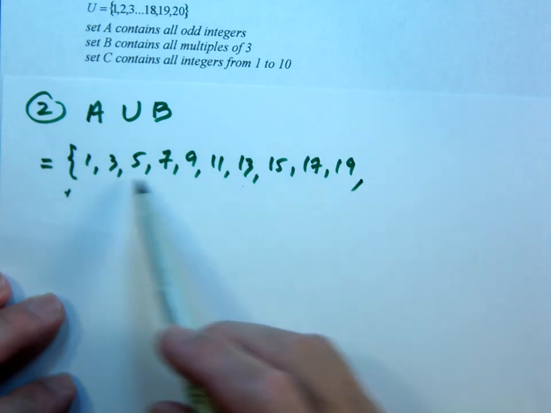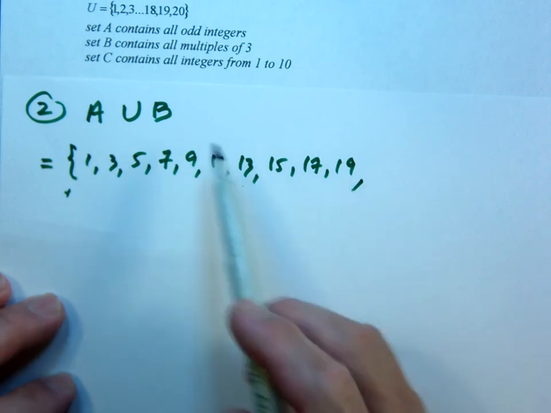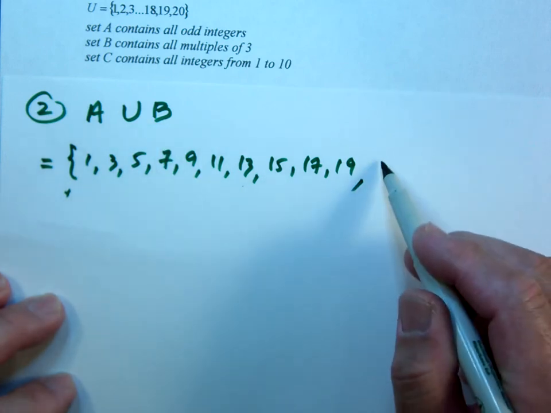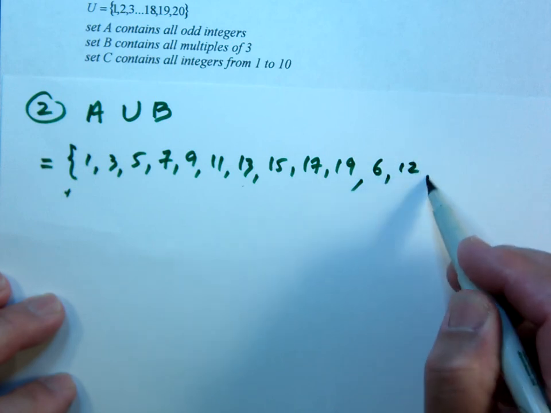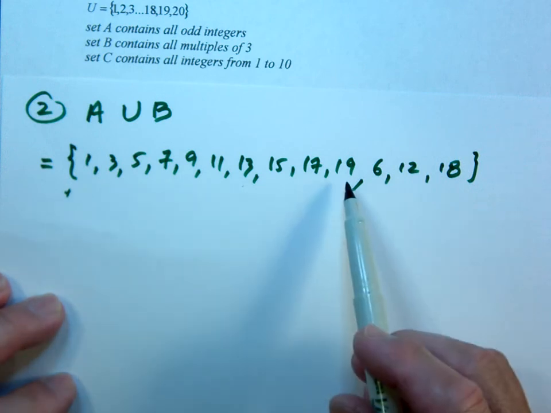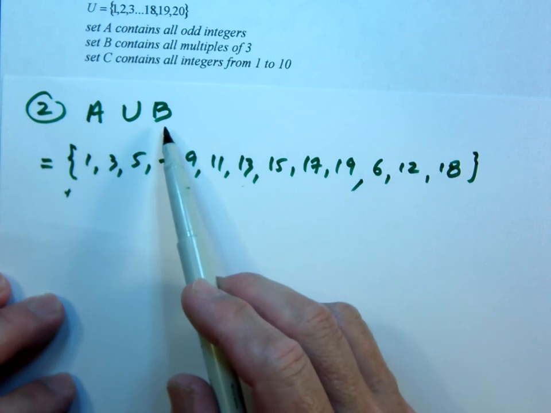So I'm going to have all those 10 odds plus more from B. B is going to contribute the even multiples of 3. So that should be the answer for this number 2 problem. Again, all odds plus even numbers, and those are coming from set B.